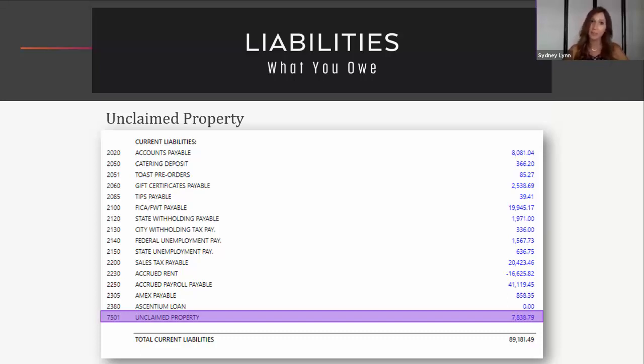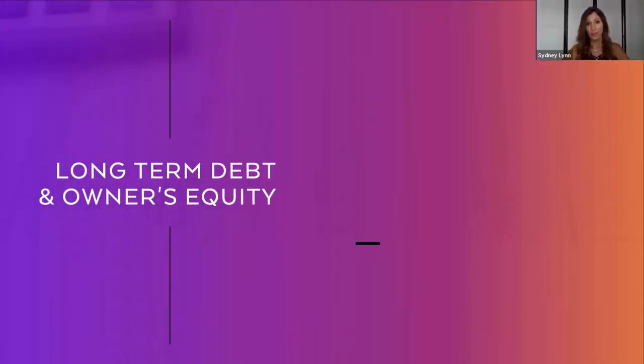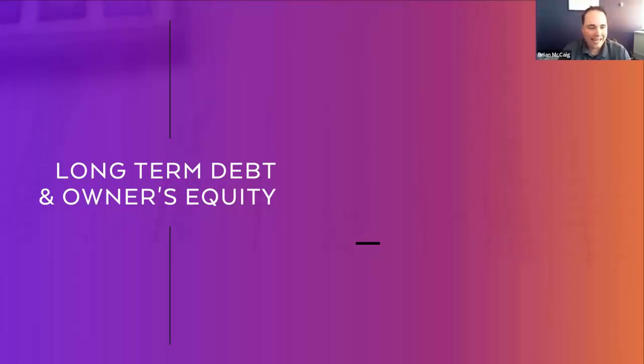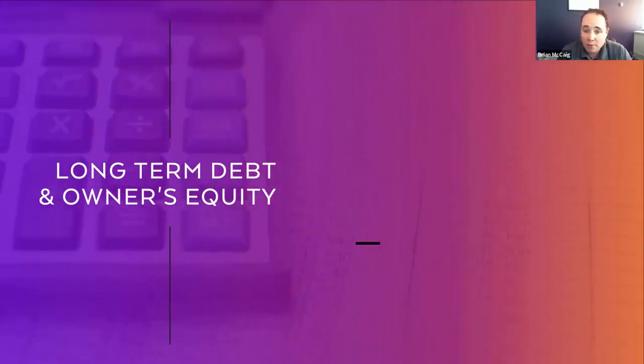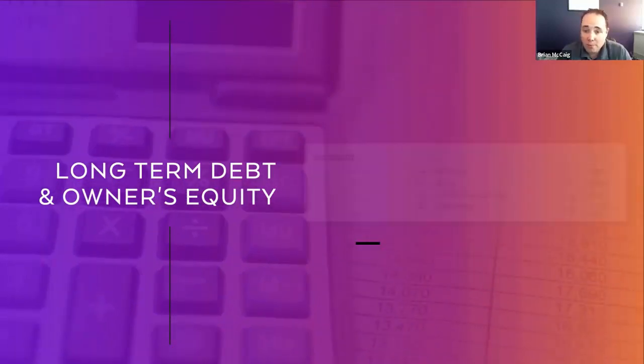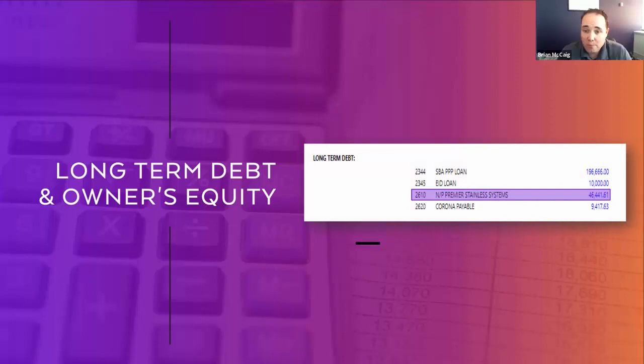Now, this might be some basics on assets and liabilities, but that isn't all that can get out of line on the balance sheet. Correct, Brian? No doubt. Let's talk a little bit about long-term debt and owner's equity. When I'm talking long-term debt, most commonly, this is probably a note payable, which is another word for a loan or a debt. But these loans are represented on the balance sheet as a liability because you owe this money.